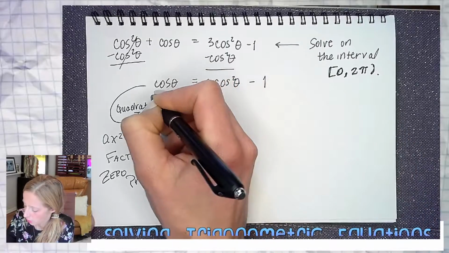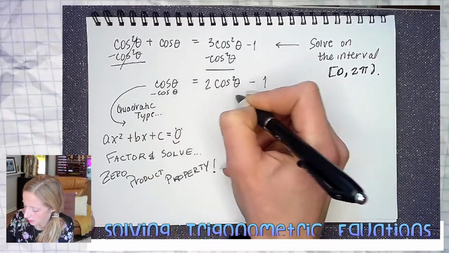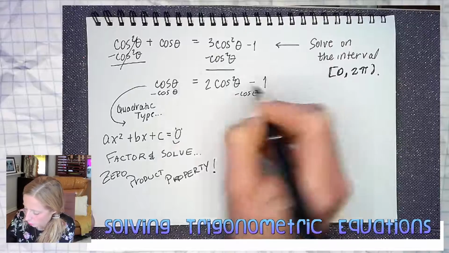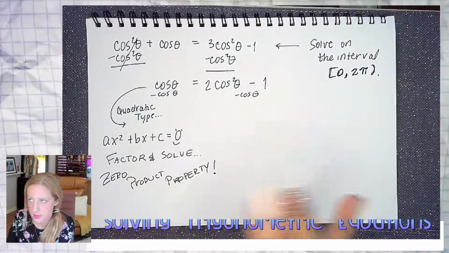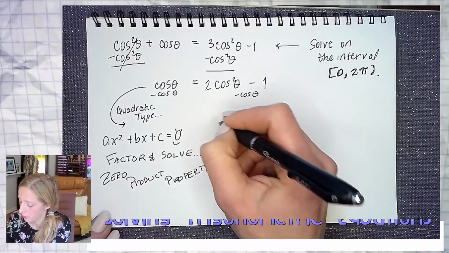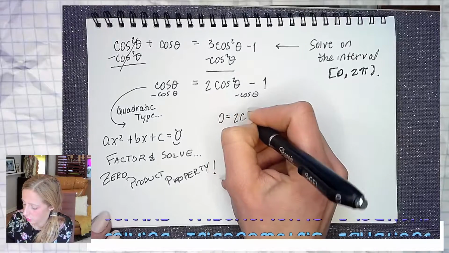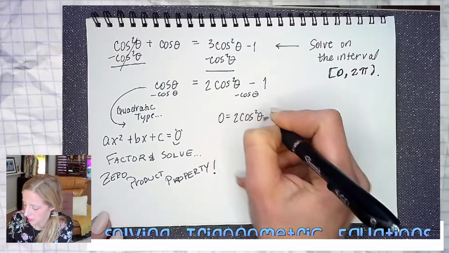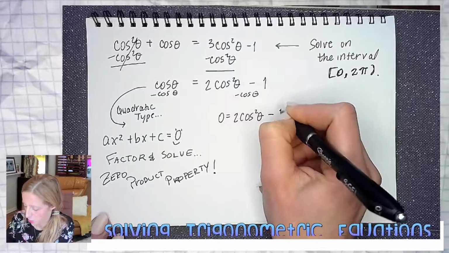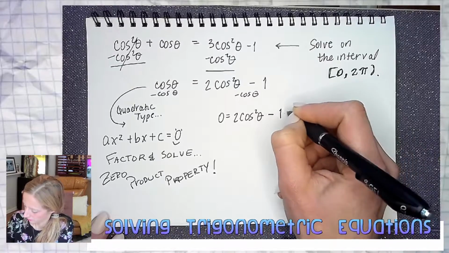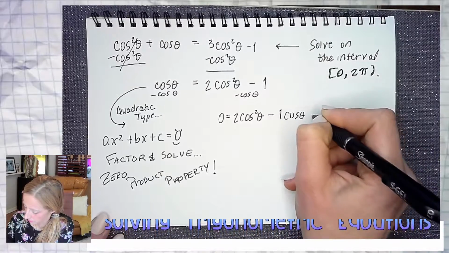So I'm going to subtract cosine theta over, get it onto the right. It doesn't matter which side we put everything on, okay? So we have 0 equals 2 cosine squared theta minus, now really this is a 1 cosine theta minus 1.